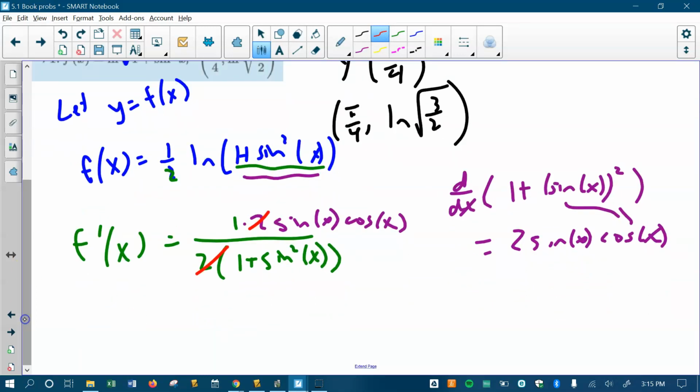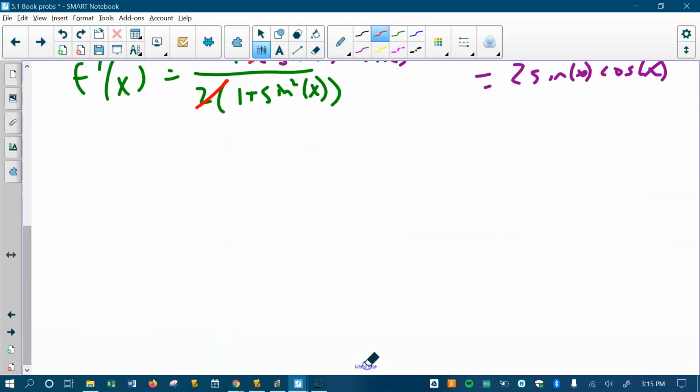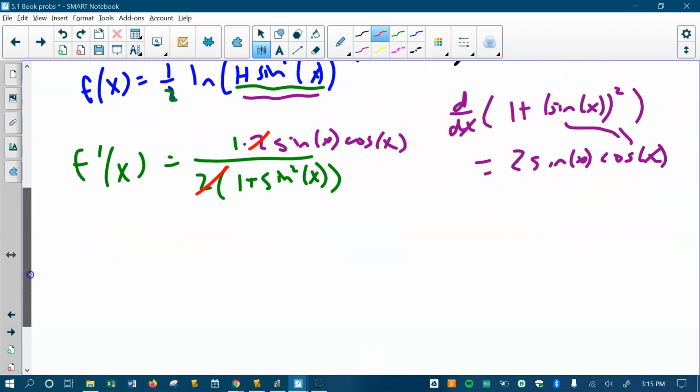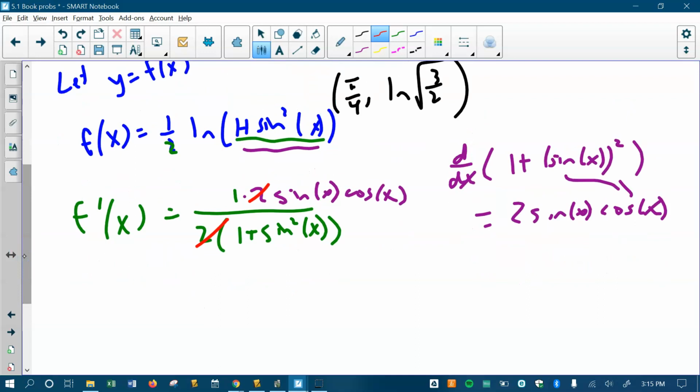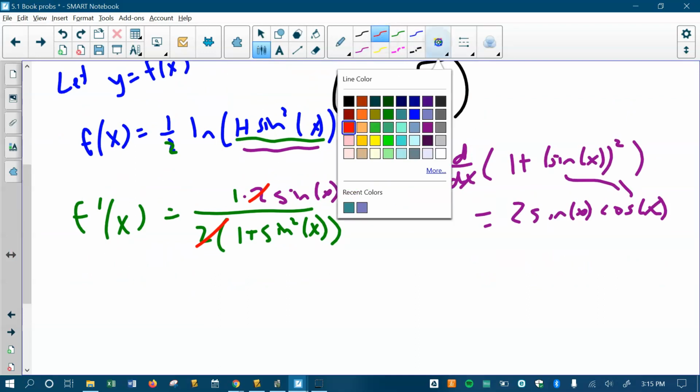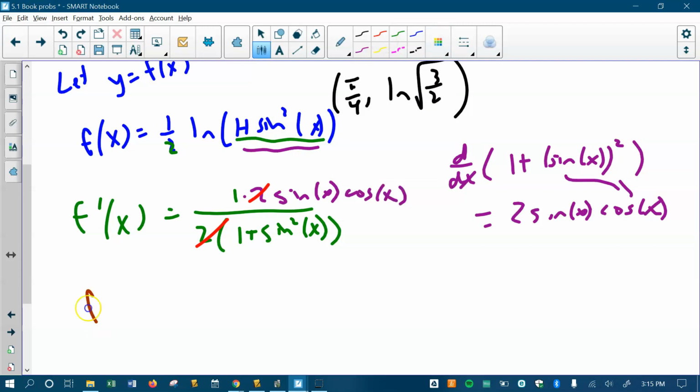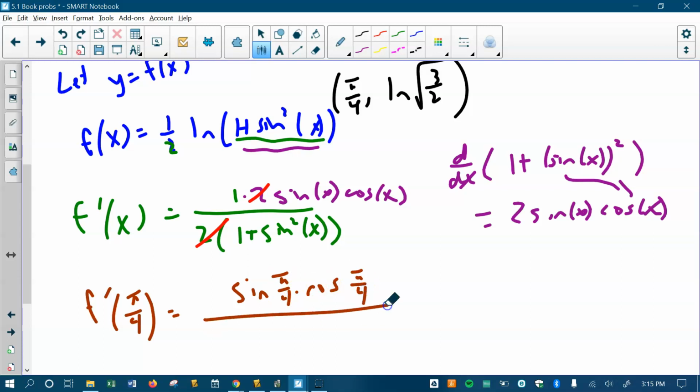So now you're left with, and actually, let's just keep going and plug in our value of pi over 4 to find the slope. So we got f prime of pi over 4 equals sine of pi over 4 times cosine of pi over 4 over 1 plus sine of pi over 4 quantity squared.